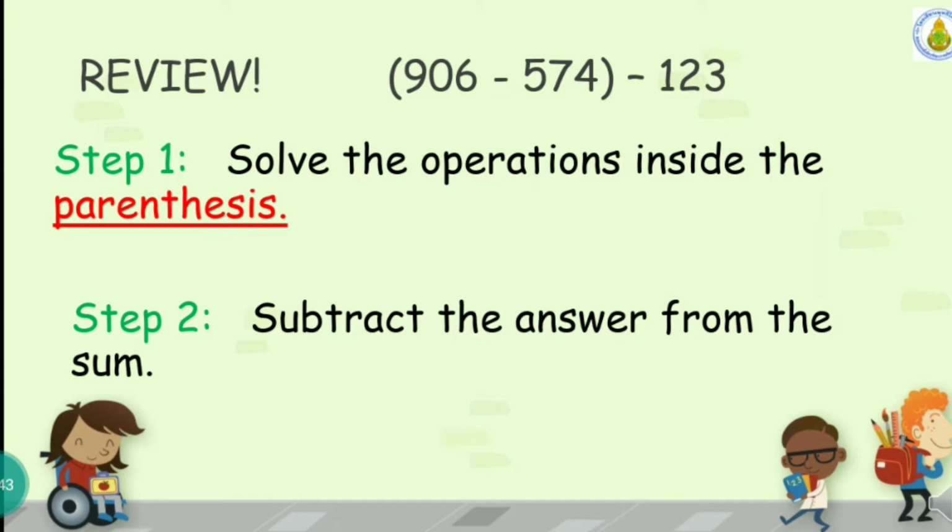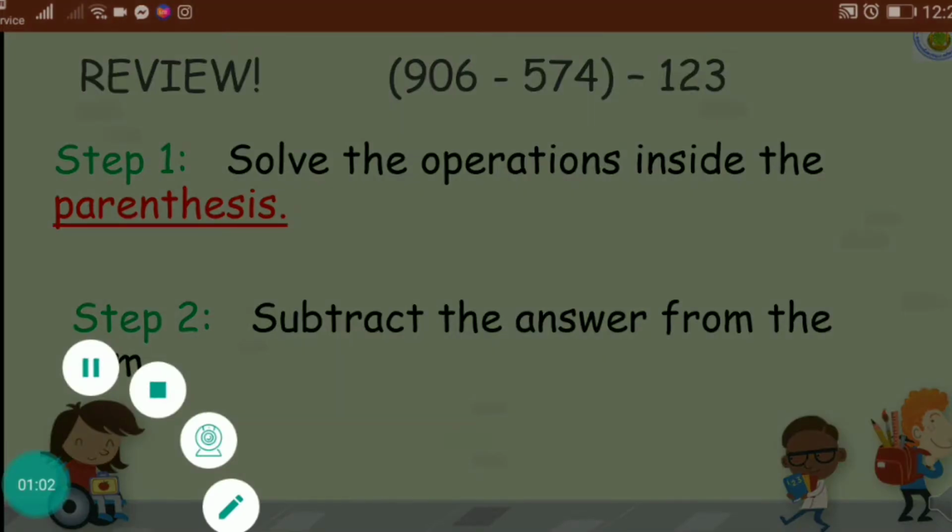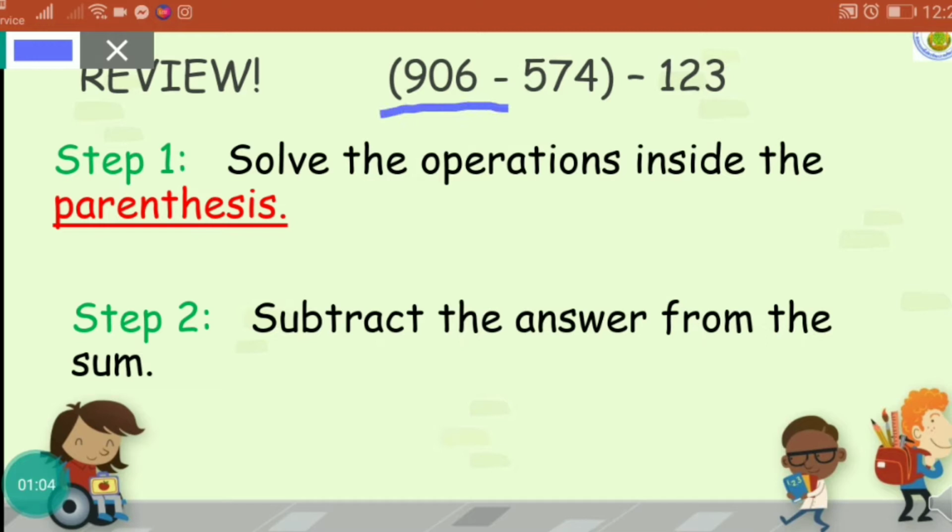So 2 weeks ago, we learned how to solve this problem by doing 2 steps. Step 1, so for example here we have, inside the parentheses, 906 minus 574, minus 123.